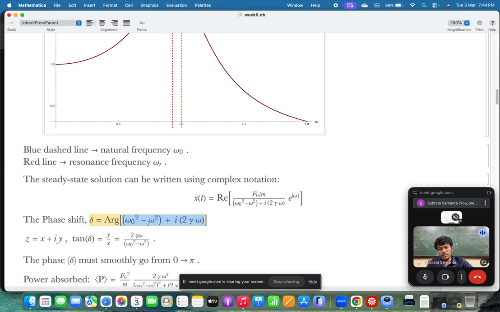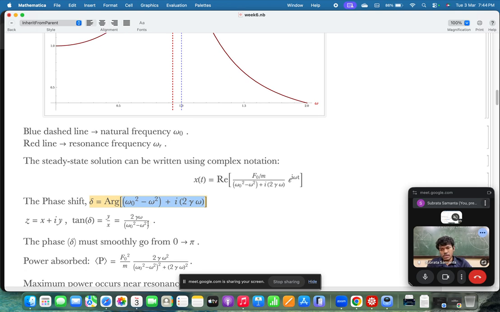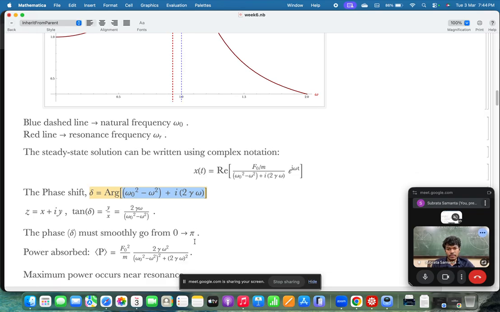So you see that the phase smoothly grows from 0 to pi, and at pi by 2 there is a resonance. You can also calculate the absorbed power. The power absorbed is basically P average, proportional to 2 omega gamma square divided by omega naught square minus omega square, all squared, plus this.